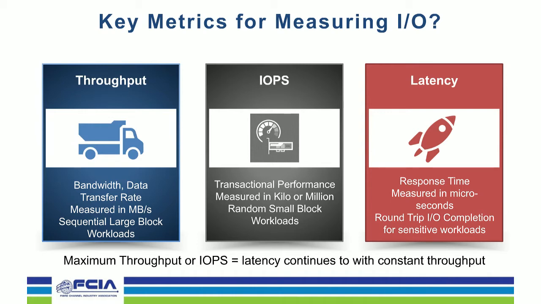For example, once you have achieved the maximum IOPS or throughput capability of a given storage area network, and you continue to push more IO down from the application, you will see increased latency, because IOs will spend a lot of time sitting in queues. So it's important to characterize and understand what each one of these means and how they are related when you're looking at applications overall and how they perform over Fibre Channel.